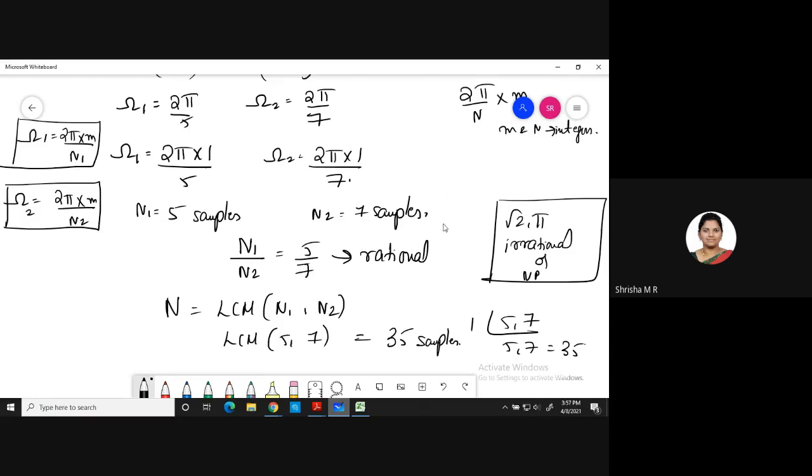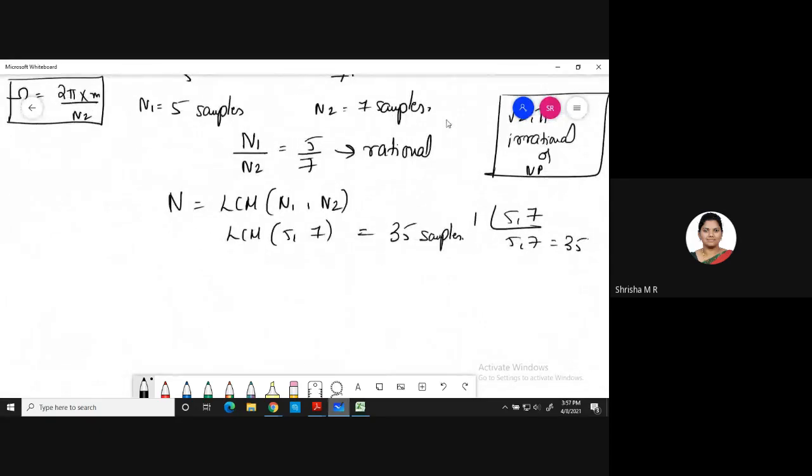Or you can also do it this way. You can equate N1 and N2: N1 into 7 is equal to N2 into 5, which is your fundamental period N. So N1 is 5 into 7, you get 35, or N2 into 5, it is 35 samples.